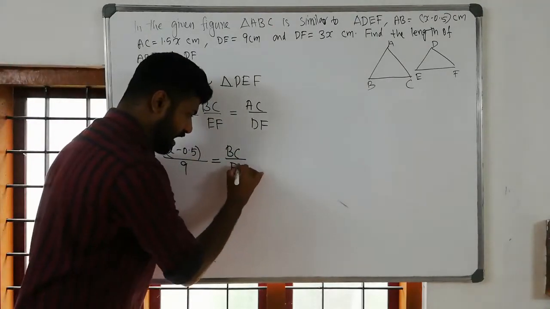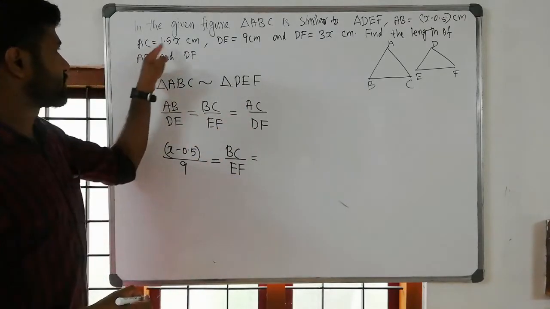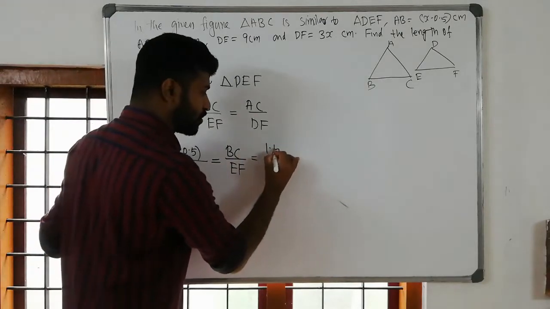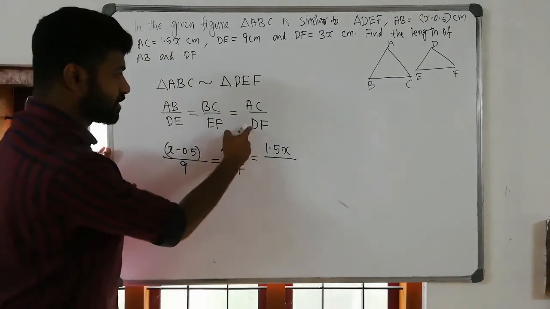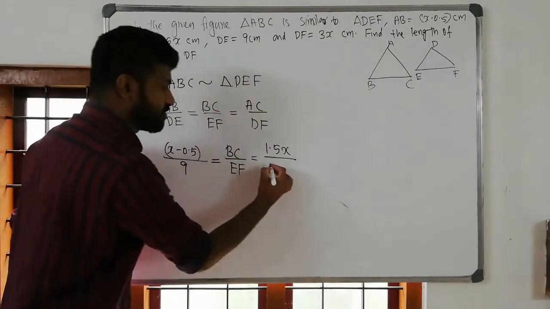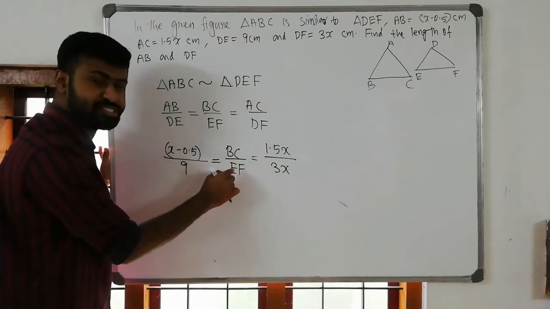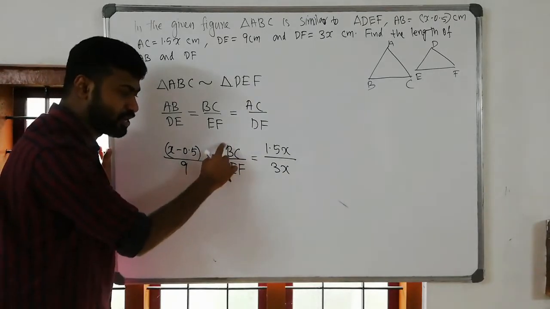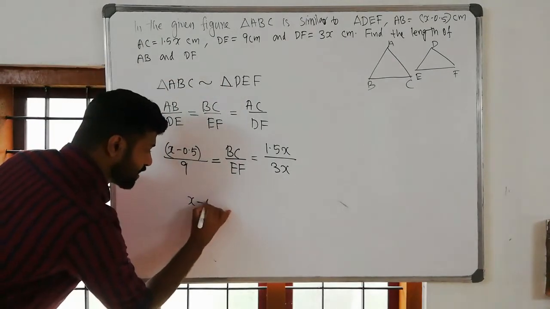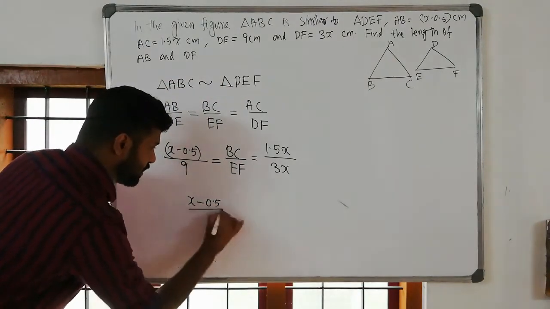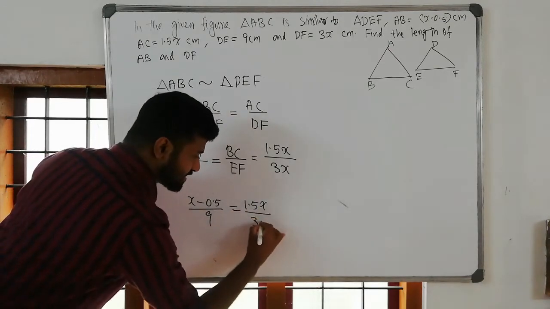So we can write AC by DF: the length of AC is given, 1.5x, and the length of DF is given, that is 3x. The lengths of BC and EF are not given, so avoid this ratio and we can write x minus 0.5 by 9 is equal to 1.5x by 3x.